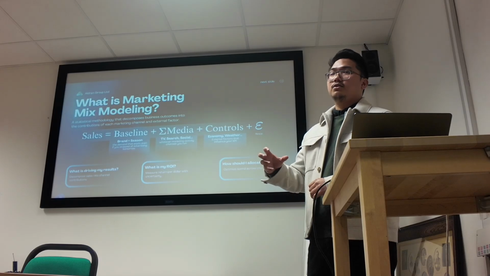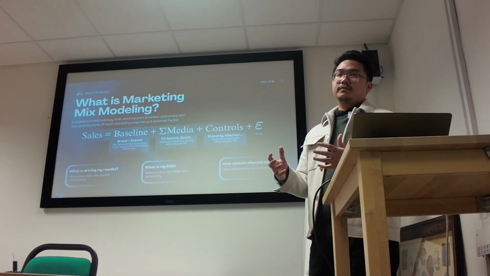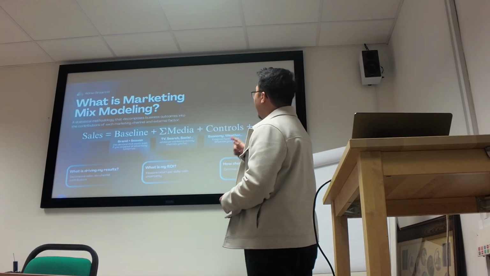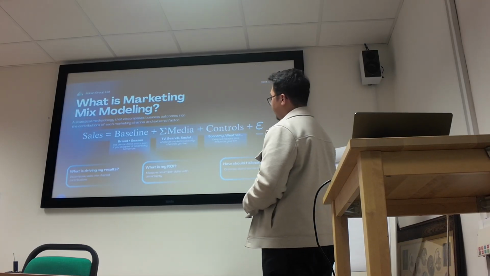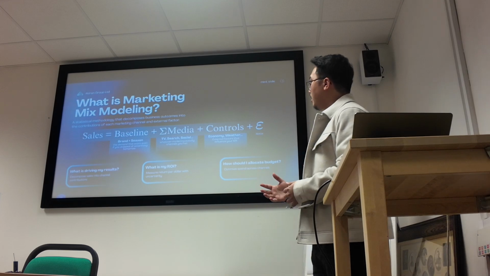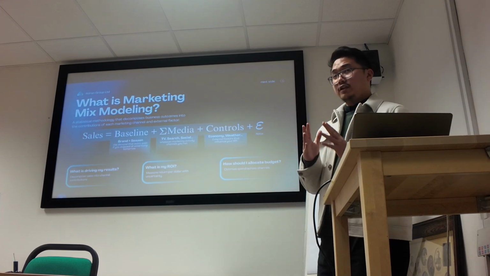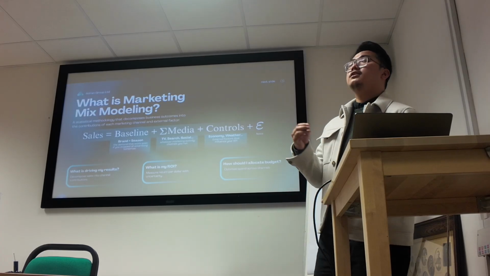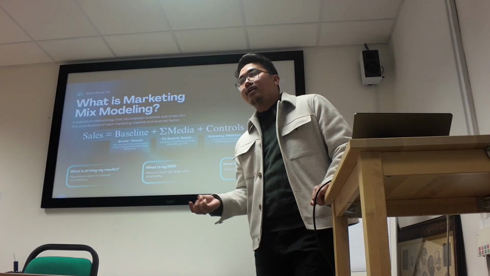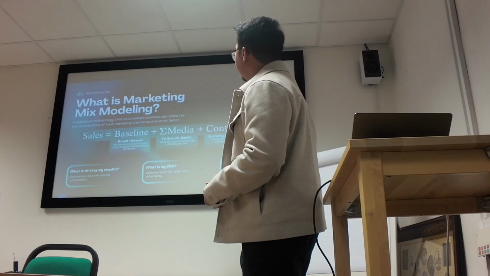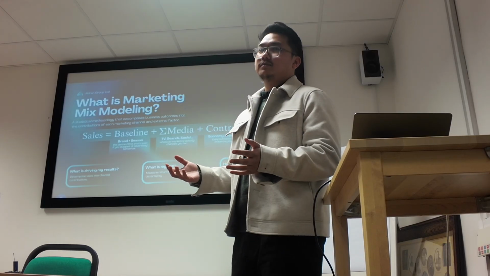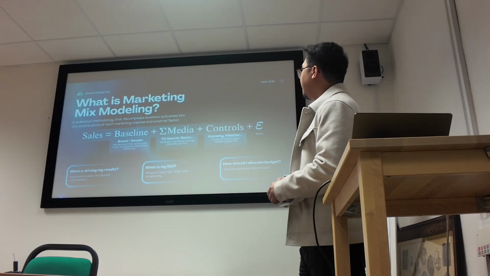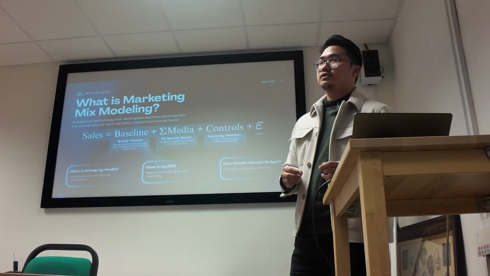This is your natural sales. And then you add the sum of media contribution: TV, search, social, whatever marketing activity you run. And then you add controls, which are external variables impacting your sales but out of your control, like economic factors or weather, basically every external factor that influences your KPI.